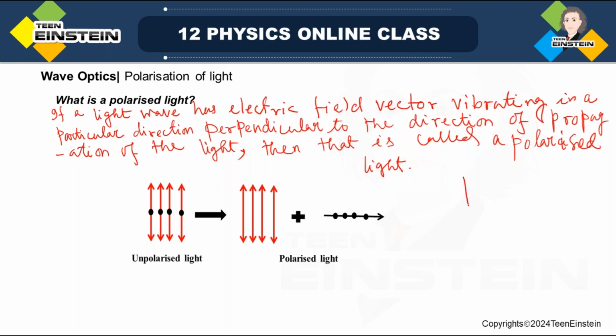See, this particular double arrow line is representing a light wave having electric field vector E vibrating in the plane of the paper.